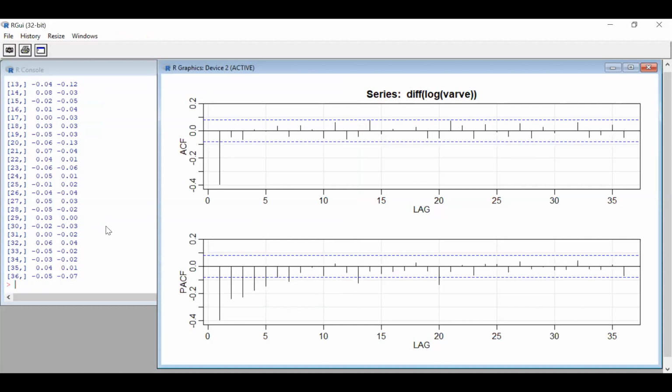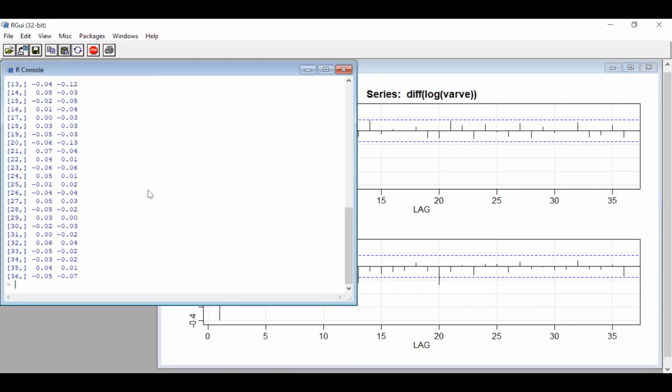Now I'm trying the ARIMA function. I'm using the difference and log transformation of the data, and the order I want to fit is the MA1 model, so 0, 0, and 1.